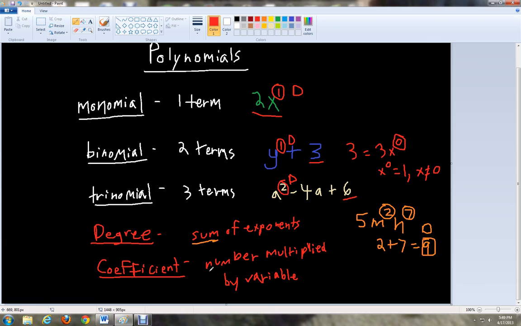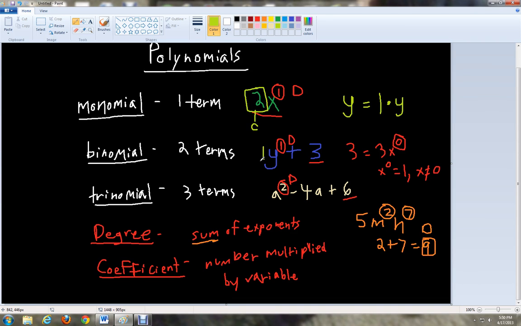So a coefficient is a number multiplied by a variable. If we look at the first term, 2x, we can see that the coefficient here is the number 2. So we'll write C for coefficient, 2. The term y is kind of tricky, but we know that y is equal to 1 times y, because any number times 1 is itself.